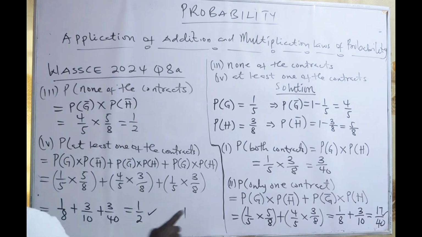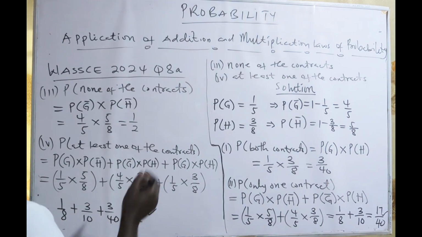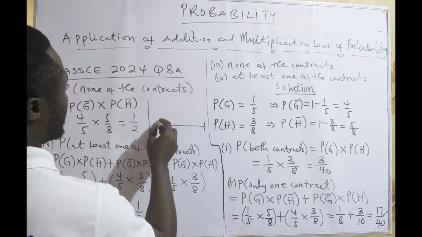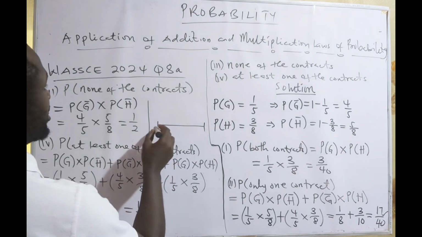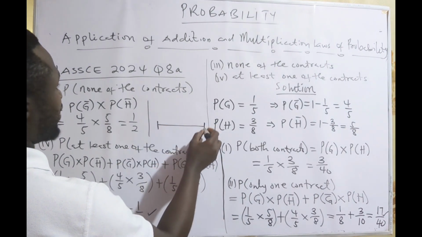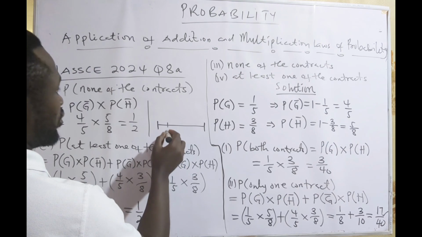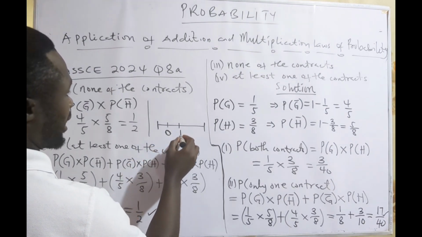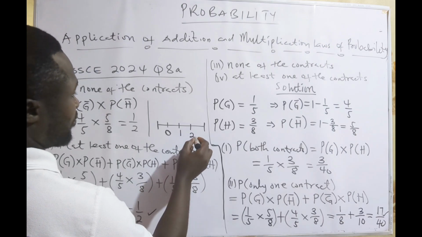So we can find the probability of winning none of the contracts and subtract it from 1. And take note, when you are doing probability, here we are given 2 events. If I'm given 2 events, then this is what can happen: the company will not win any of the contracts, or win 1, or win both.